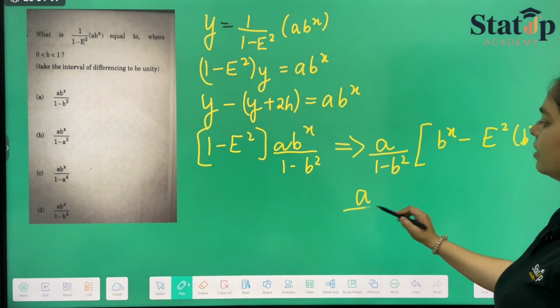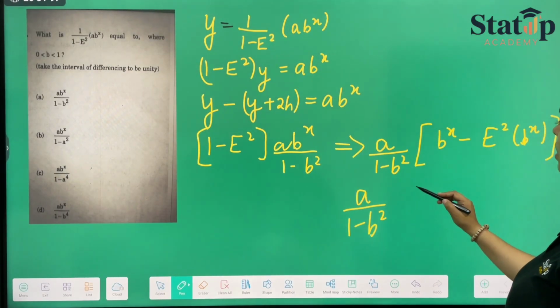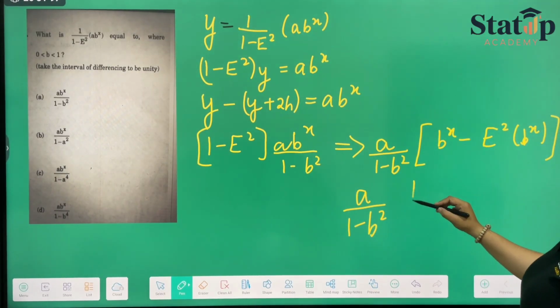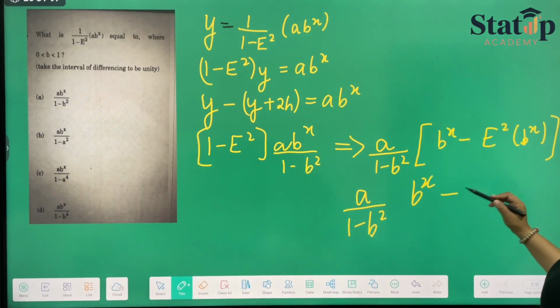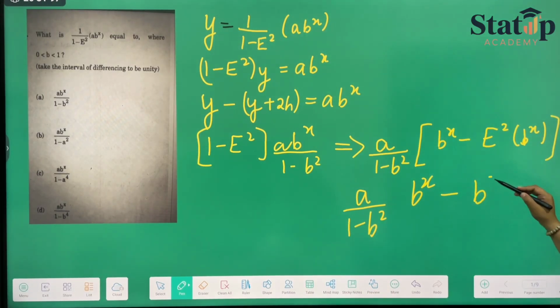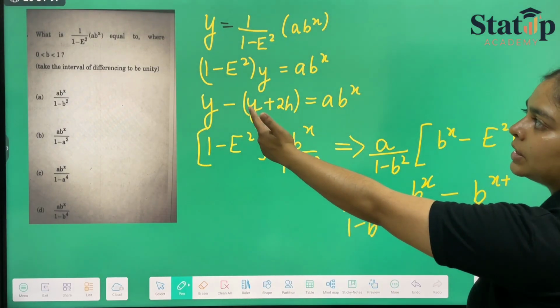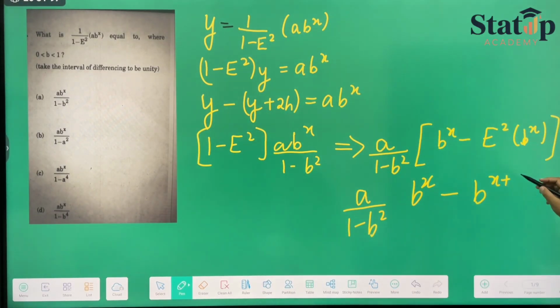Right? a upon 1 minus b square, and it will be b square b raised to the power x minus b raised to the power x plus 2h. Now the interval of differencing here also is unity, so it will be x plus 2.